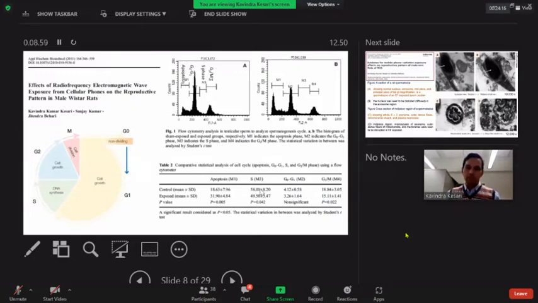As you can see from the picture, the S phase has a significant difference when I compare the control and exposed one. So it is affecting the DNA synthesis phase of the cell cycle. It shows that if there is some decline in the sperm count or other parameters, it is supporting that study.